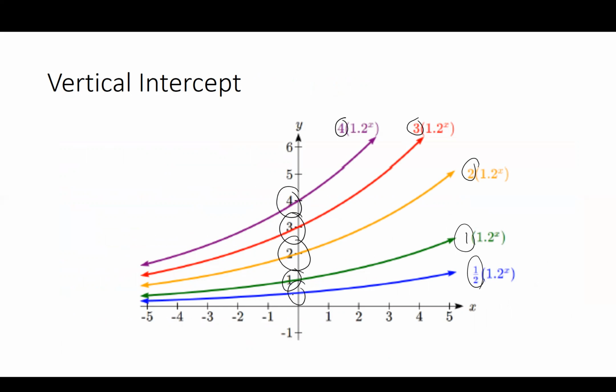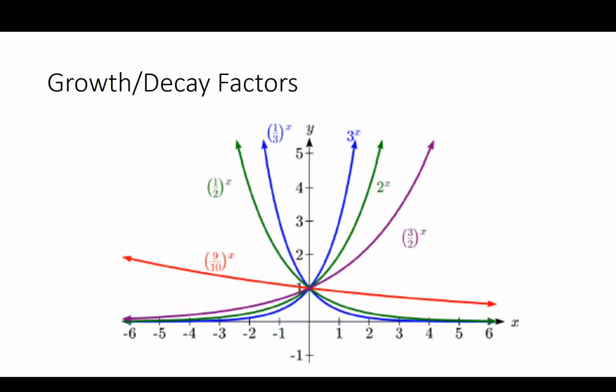All of the a values perfectly match the y-intercept here, which is fine because we defined our exponential function to be a times b to the x, where a is the starting point or the y-intercept. Now, when I start to mess around with the b value, that's when interesting things happen.